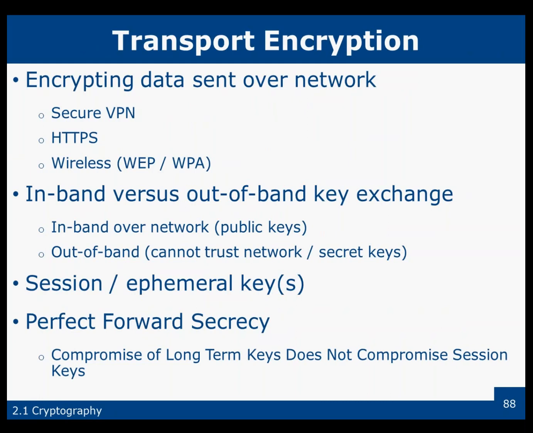Transport encryption. We talked about data, and data can either be at rest, stored someplace, or in motion, in transport. When we transport the data, we want to make it as secure as possible, and we encrypt it. Encrypted data can be sent over a secure VPN, HTTPS, wireless, and they put WEP in. Don't do that.